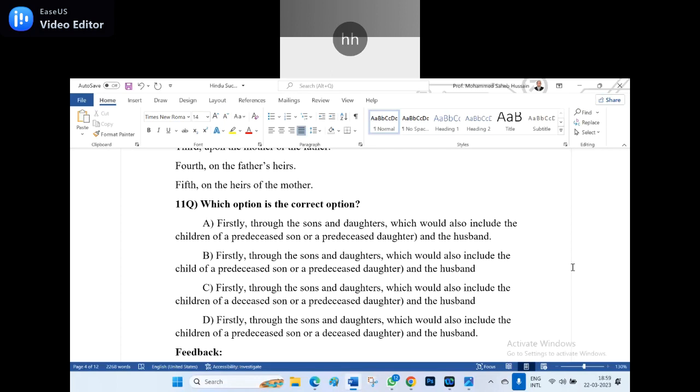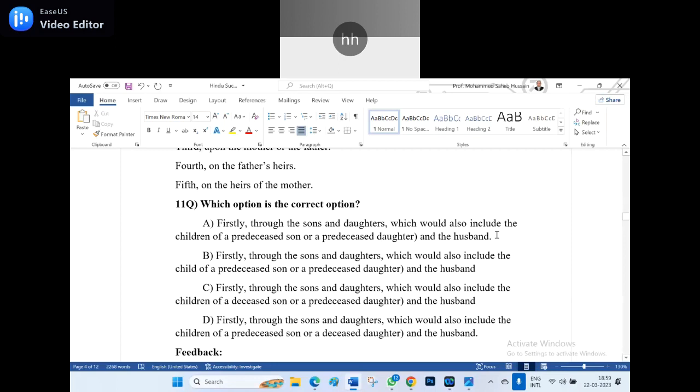Even though it is wrong. Sir, A, I think, sir. A is the correct option. Because firstly, through the sons and daughters, which would also include the children of the predeceased son or a predeceased daughter and the husband.